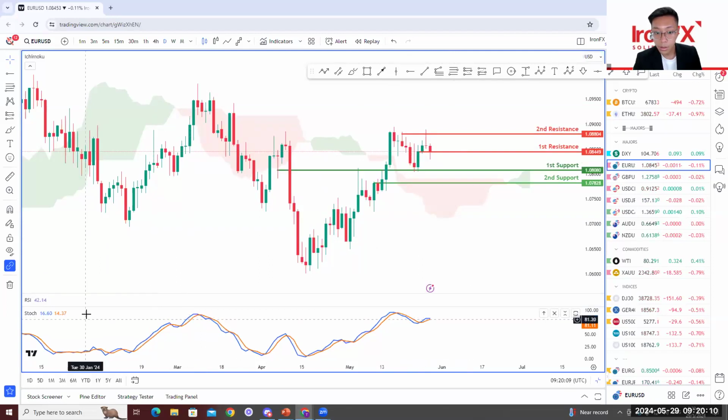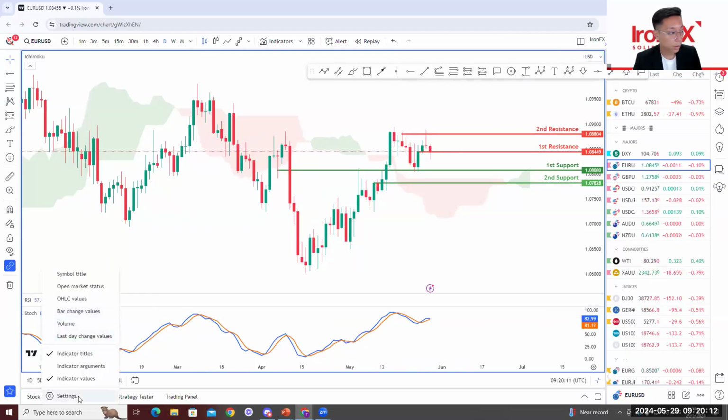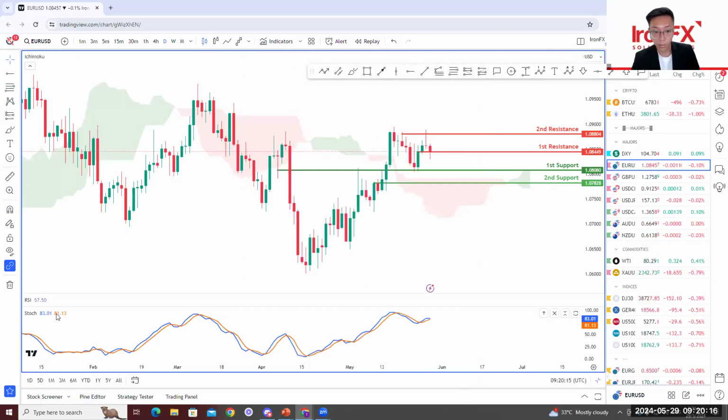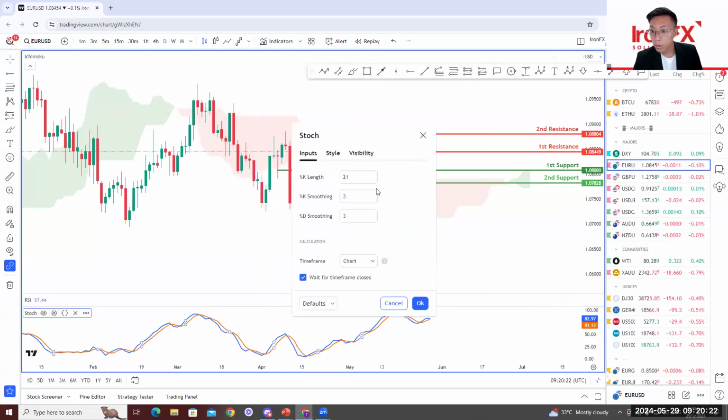This is technically the default settings of the stochastic, which is fine also. You can use the default settings. You can use this as well: 21, 3, and 3.